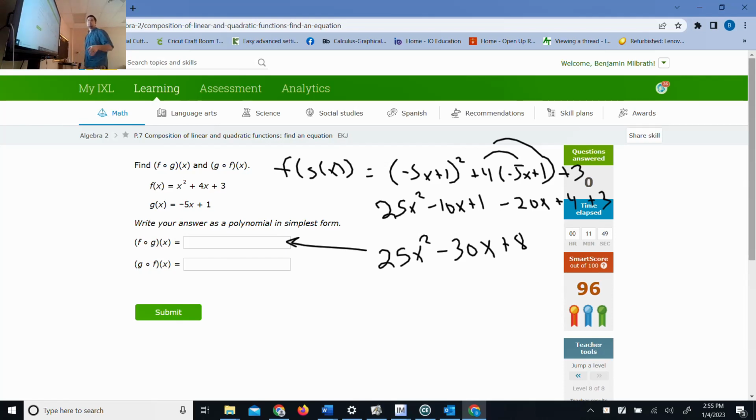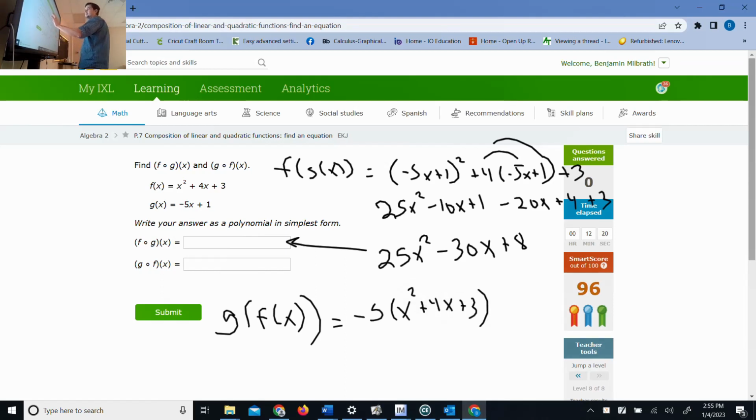So they haven't really made these things more difficult. They've just made them a little bit longer as you bump up level. And I know how kids feel about doing things repetitively, but repetition is what works. It's always what's worked. g of f of x is the next one. So as I write g down, I see negative 5 and then I encounter my x, and it becomes x squared plus 4x plus a 3.